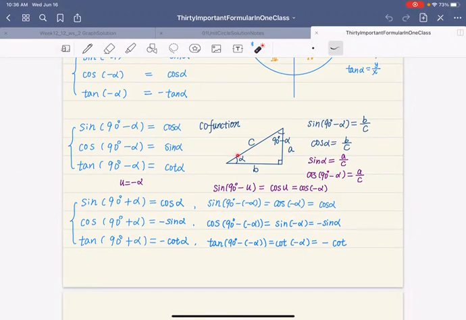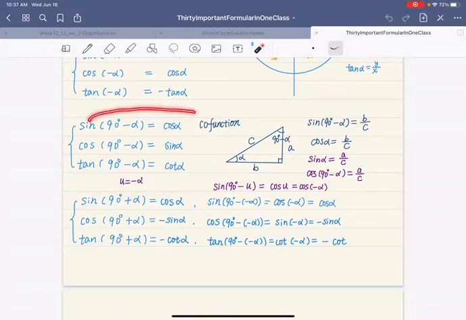If two angles are complementary, means that two angle summation is 90 degree. If two angle summation is 90 degree, then your sine of 90 degree minus alpha will equal to cosine alpha. Sine and cosine are called cofunction. Same thing, cosine and sine are called cofunction. Tangent and cotangent are called cofunction.